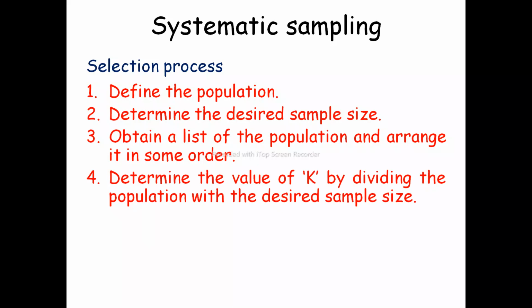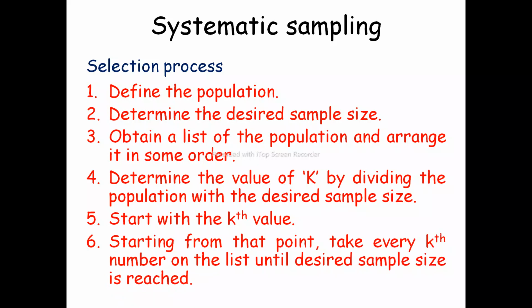Next, we need to determine the value of k. And how to do so? We'll divide the population size by the sample size. Next, we need to start with the kth value. Like in our elephant case, we got the k value 3.2. So we'll consider it as 3 and we'll start with the third item of the sequence.